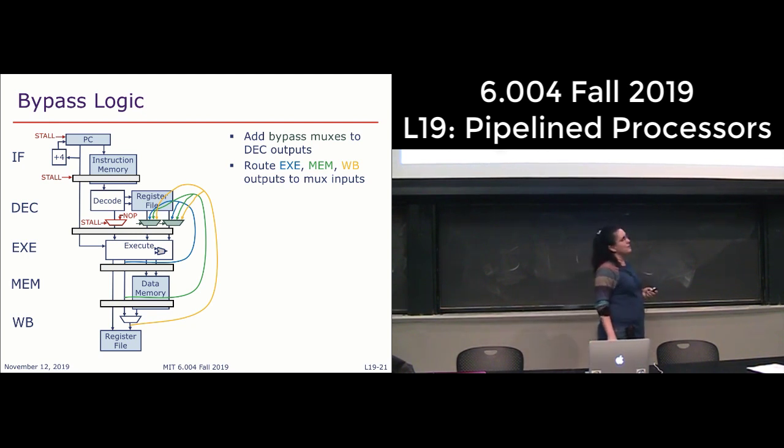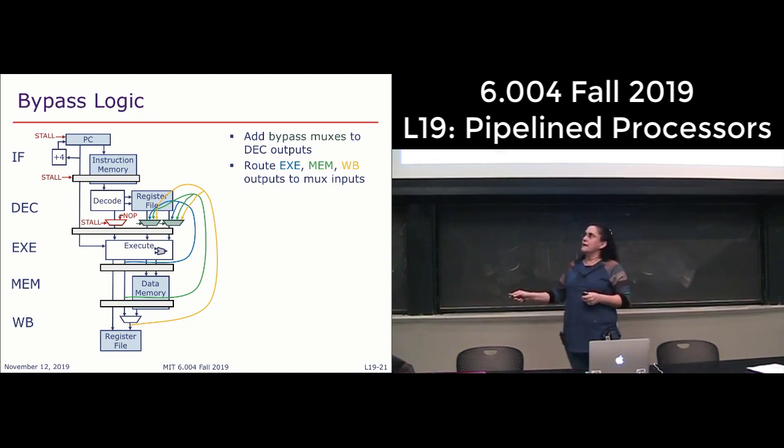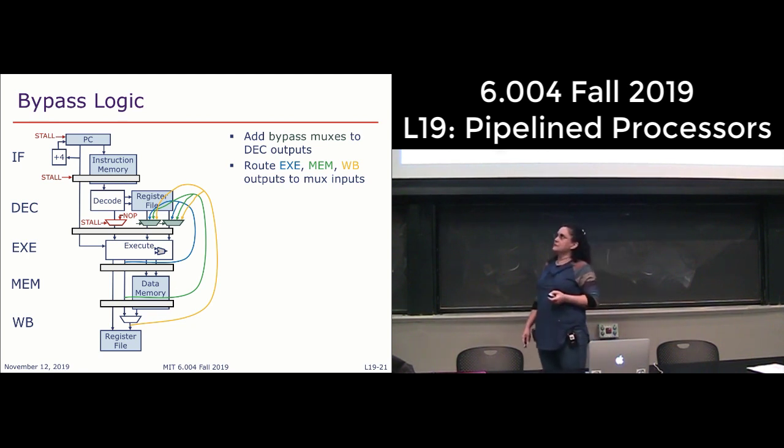Okay? And so what are those decoders doing? Based on what's going on in my pipeline, they're going to select whether I should read the register from the register file directly, or I should read it from one of these other locations in my data path. Okay? So how do I go about figuring this out?